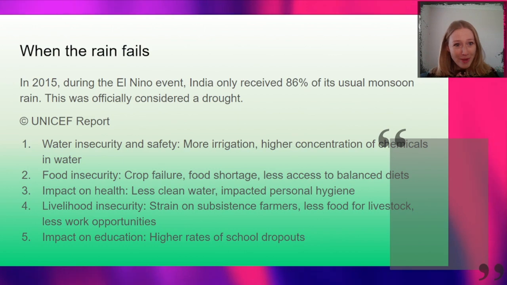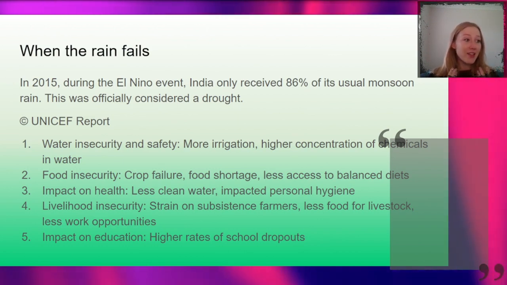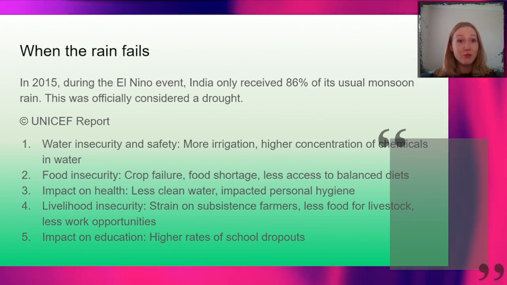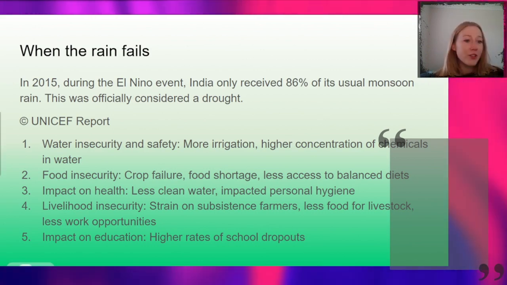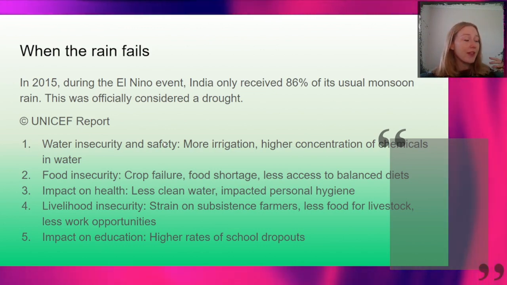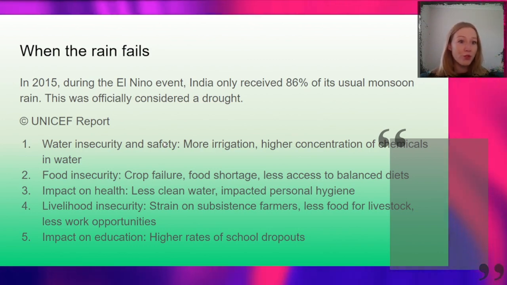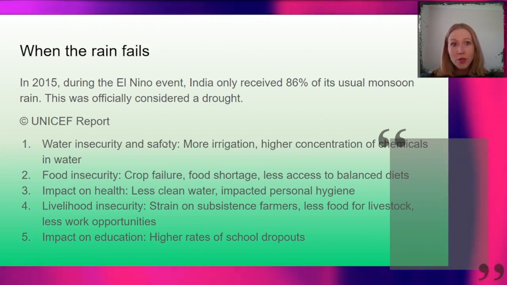And maybe that's just my biased opinion as a teacher, but when things are impacting education, then things are really going pear-shaped. So it's definitely interesting to see how we have these extremes on both sides, how we have this excessive flooding and heavy rainfall when the monsoons are too strong, and how we have these droughts and disasters when the monsoons don't come or there's not enough of it.